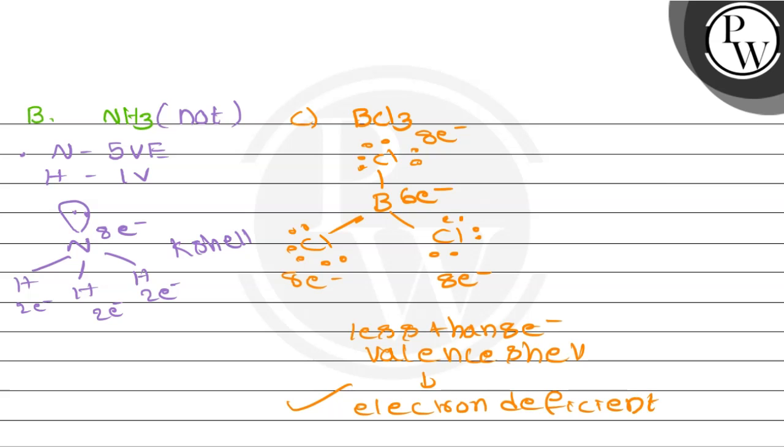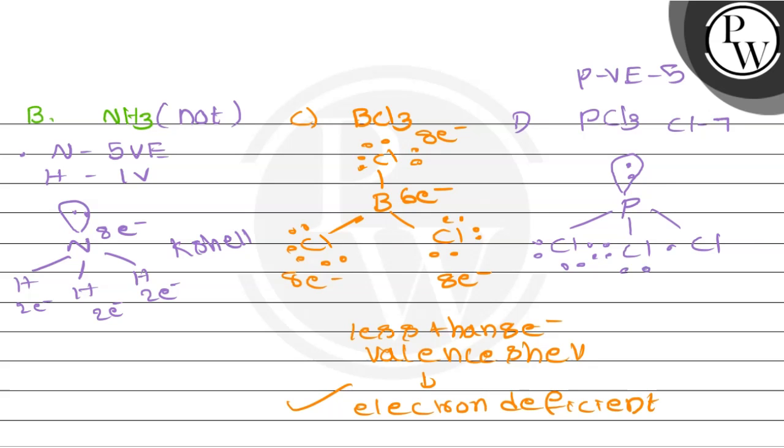Then we'll see option D, that is PCl3. Whenever we draw the structure of PCl3, phosphorus has 5 valency electrons and chlorine has 7. When we count the electrons on each atom, each chlorine atom has 8 electrons: 1, 2, 3, 4, 5, 6, 7, 8.